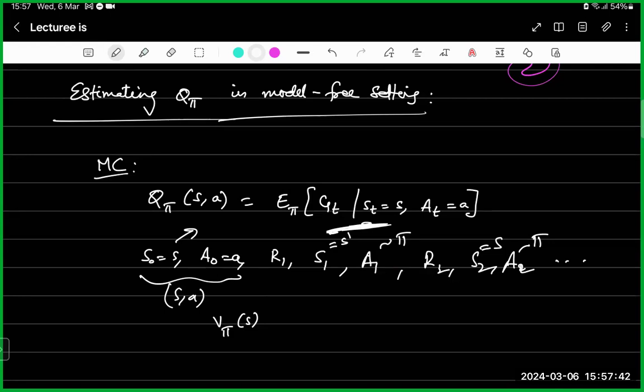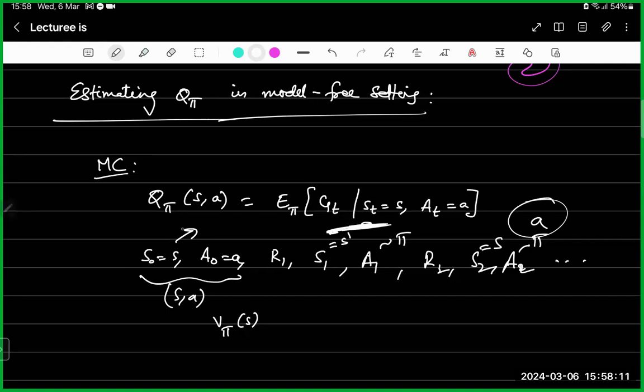What will a2 be equal to? Will a2 be equal to a? It will be pi of s. So that means you won't get another sample of q pi of s comma a, right? If you want one more sample of q pi of s comma a, you have to take action a here, right? But if you take action a there, what will happen?